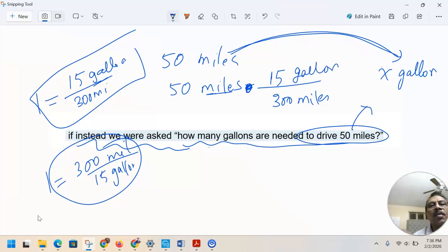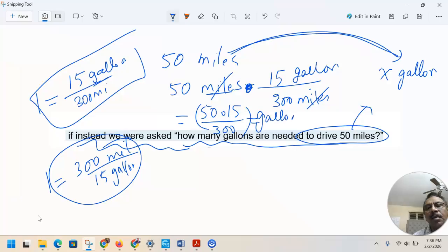So this time this will cross out, and what you get is 50 times 15 divided by 300, and this whole answer will be in gallons. You can check with your calculator, you get 2.5 gallons. So 2.5 gallons are needed to do that.